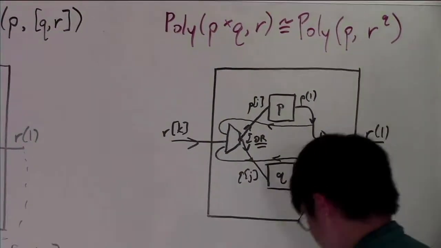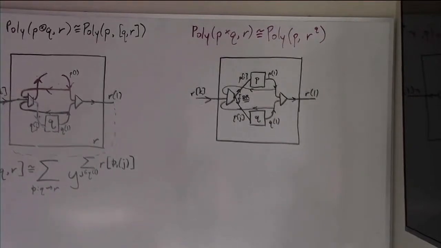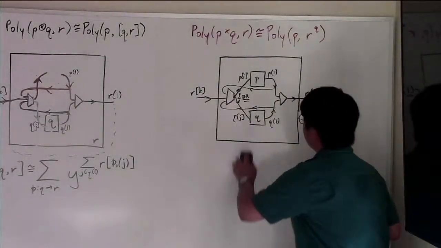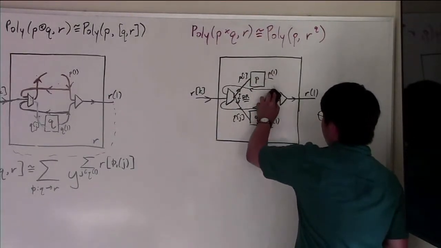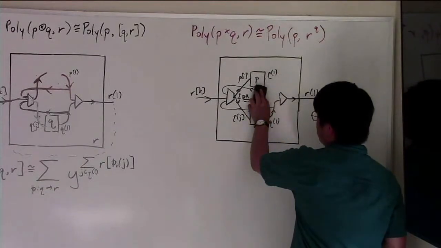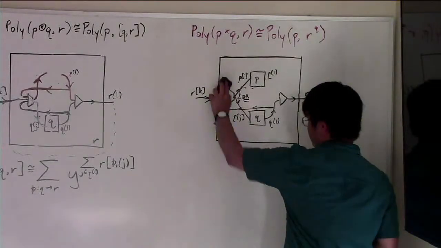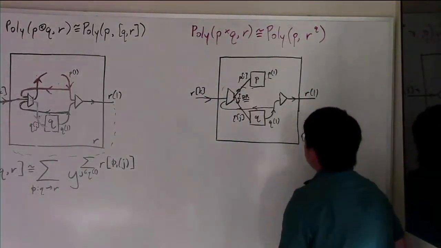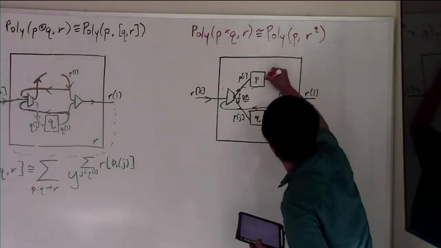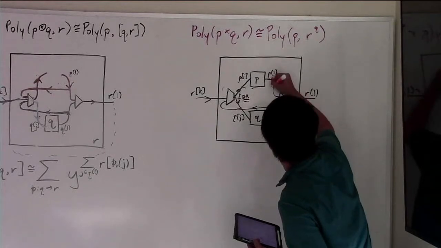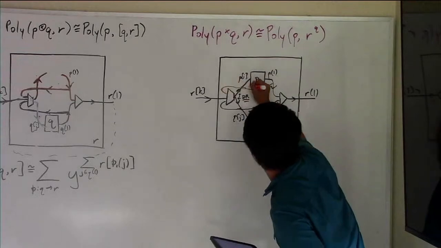Let me try something slightly different here. Hopefully these colors will be different enough. So we are going to isolate the output from P. So I'm going to erase these arrows that are coming out of P and just draw them in a different color. Okay, I got black on this orange.